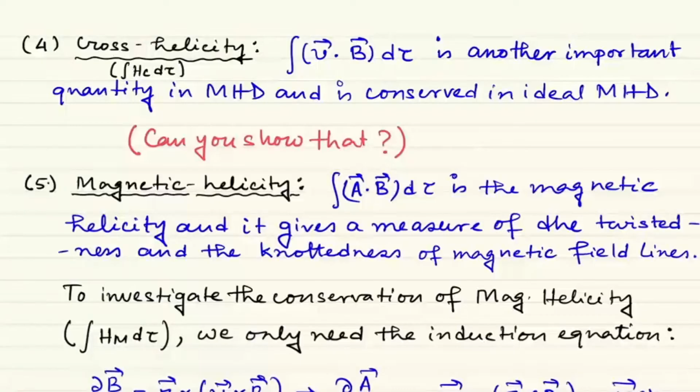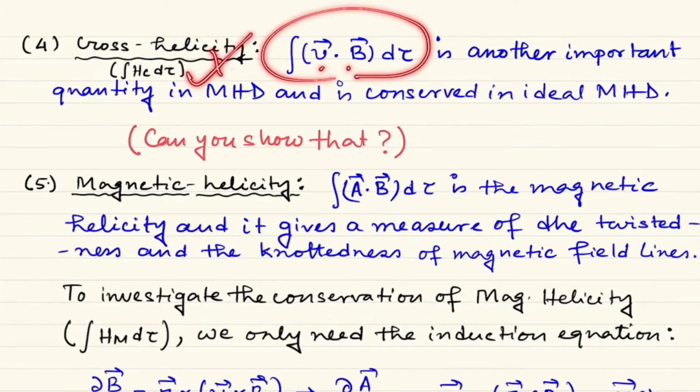Now in this discussion we will first introduce some new quantities, and then we also discuss their invariance. The first one is the Cross-Helicity. Cross-Helicity is a quantity whose density is given by the scalar product of velocity and magnetic field. If you integrate V dot B over the whole space, you will get the total Cross-Helicity.